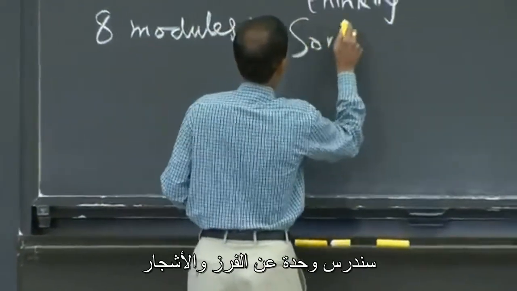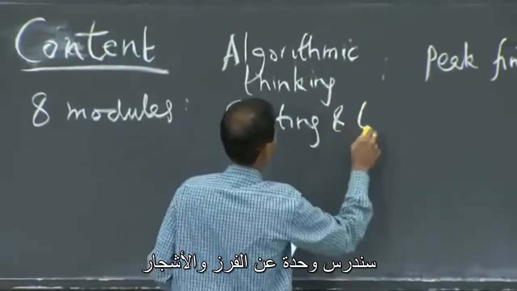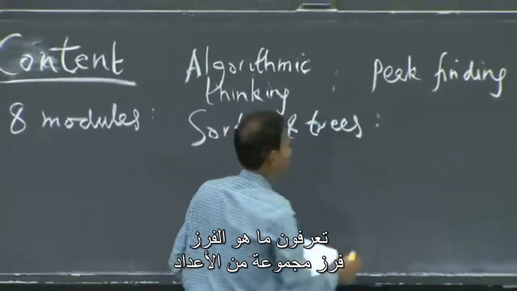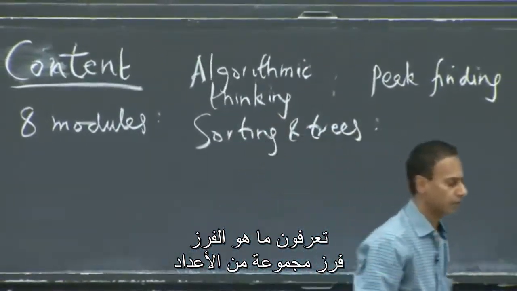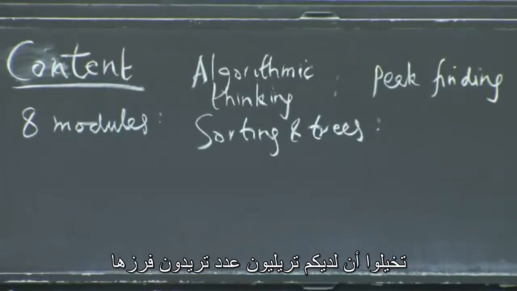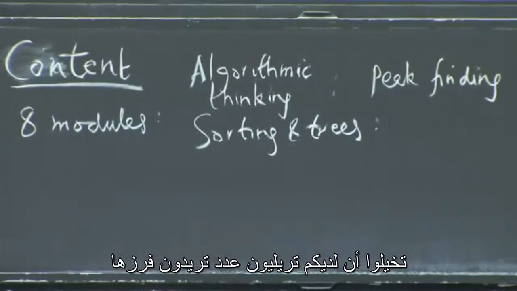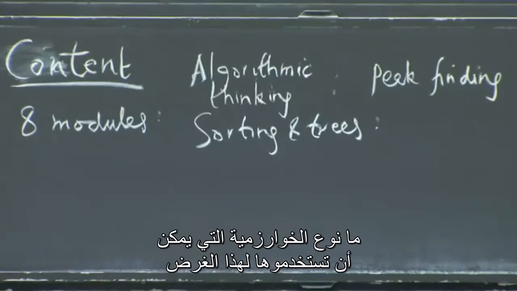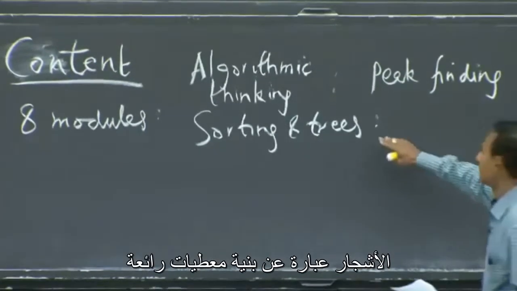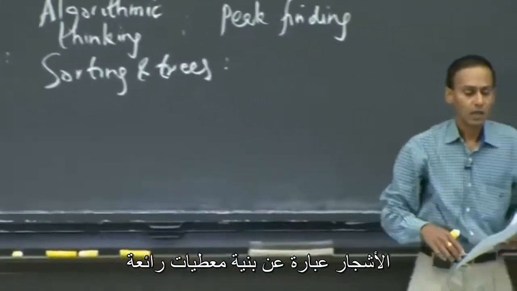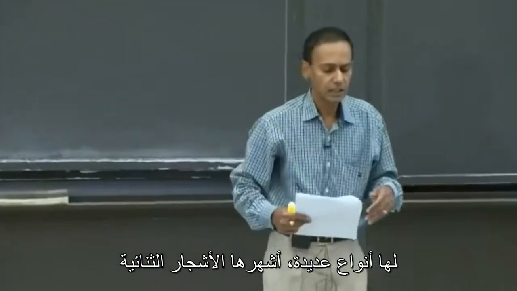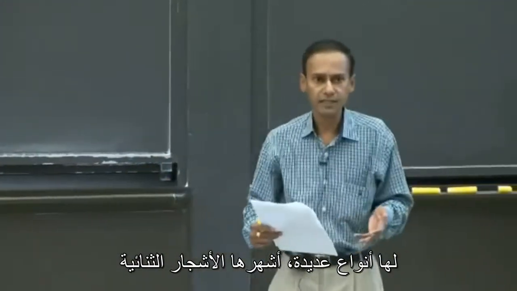We're going to be doing a module on sorting and trees. Sorting you know about, sorting a bunch of numbers. Imagine if you had 1 trillion numbers and you wanted to sort them. What kind of algorithm could you use for that? Trees are a wonderful data structure. There's different varieties, the most common being binary trees.